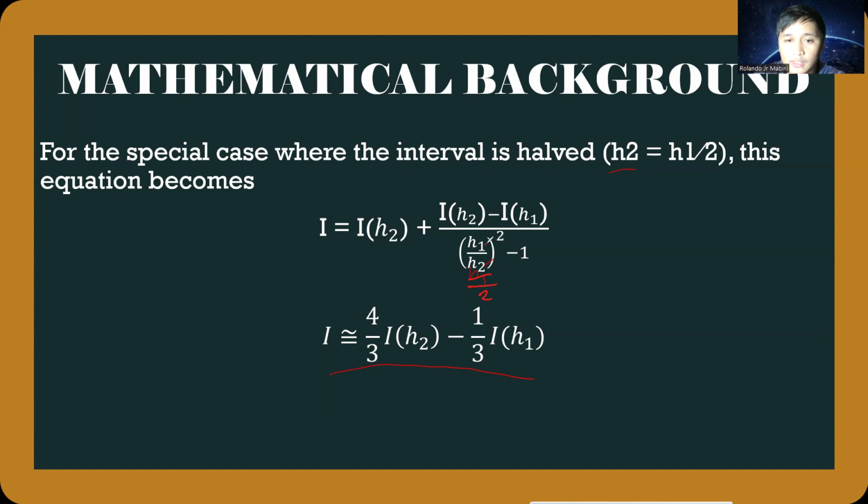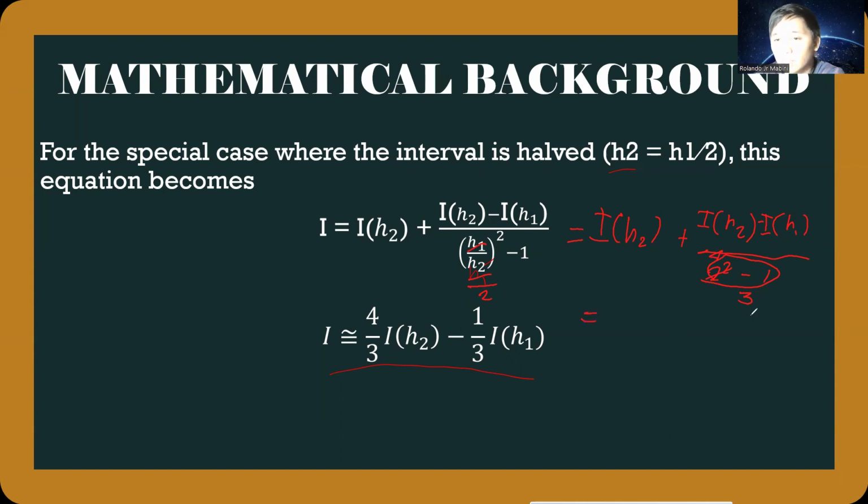Of course, this is the same term, so it cancels, and this would lead to I of h2 plus, copying the upper term, minus I of h1 all over, since h1 is over 2, this can be inverted, so it would lead to 2 squared minus 1, or this is just 4 minus 1. This whole denominator here will become just 3.